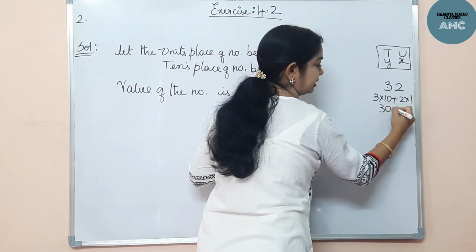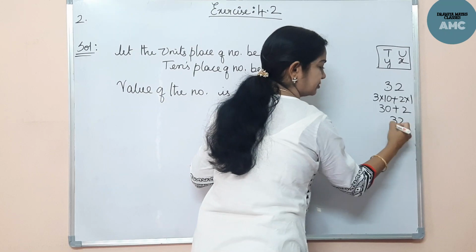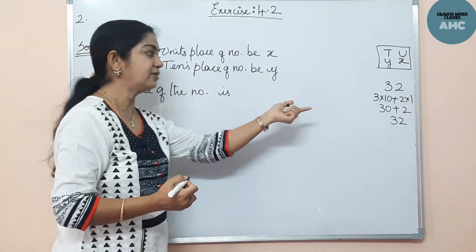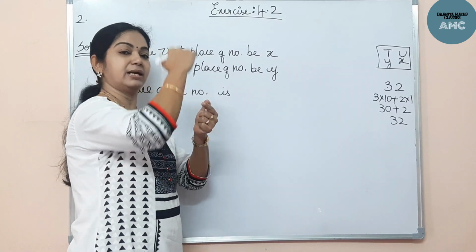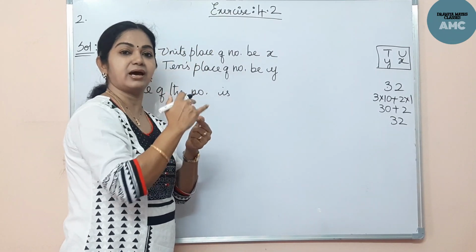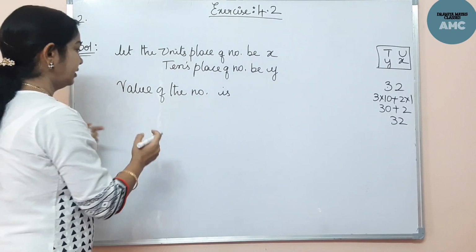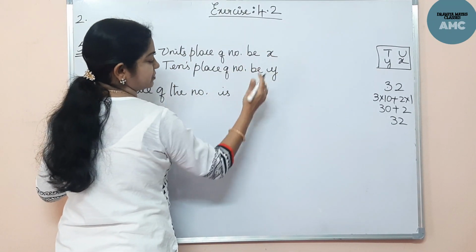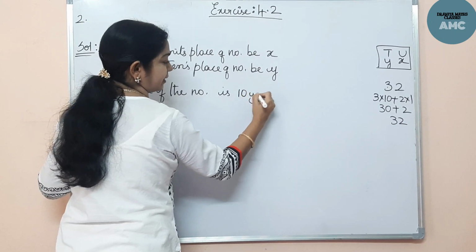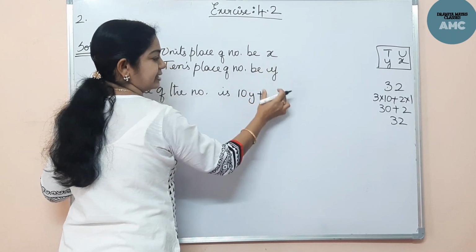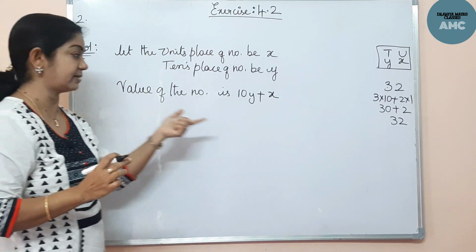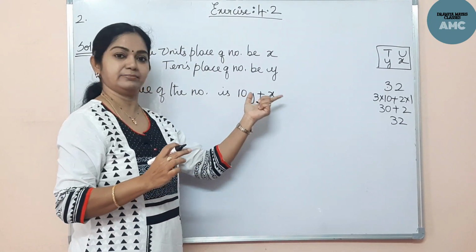So this comes to 30 plus 2, that is 32. So this is called the place values, which you have studied in your third class, isn't it? So the value of that number, how we get? By multiplying it with the digits. Hundreds means into 100, okay, like that. The value of the number here, I have in tens place y, so 10y. In ones place x into 1 is x. So the value of that 2-digit number, which I am supposing, is 10y plus x.